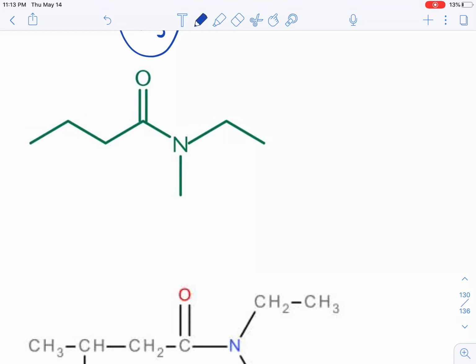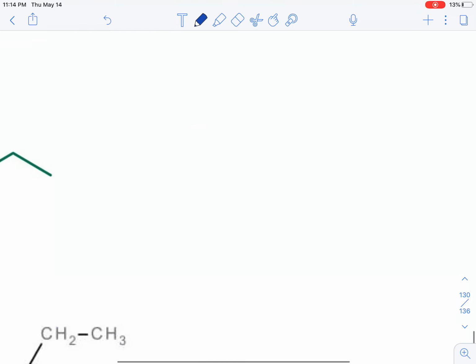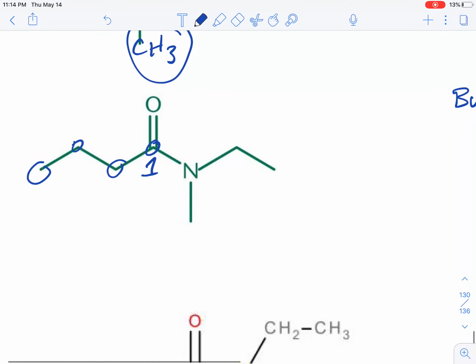And so on my parent chain, I have 1, 2, 3, 4. This is always carbon number 1. So I have butane, no double bonds. Erase the E, add the amide. No other substituent, so I'm good to go. So this part is done.